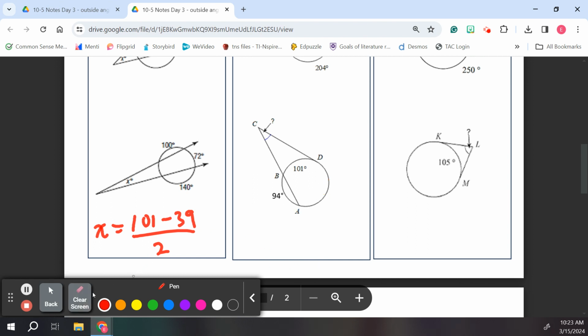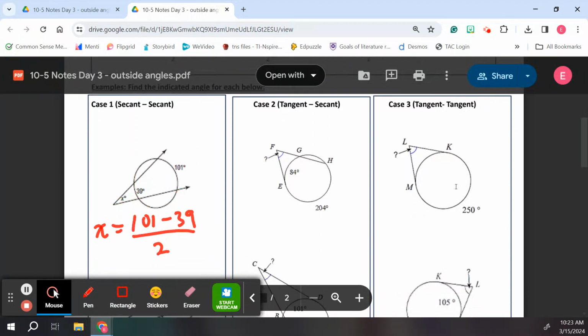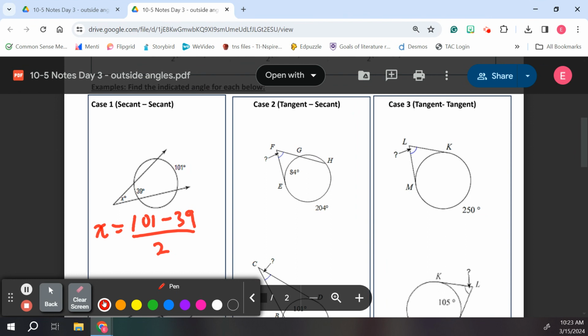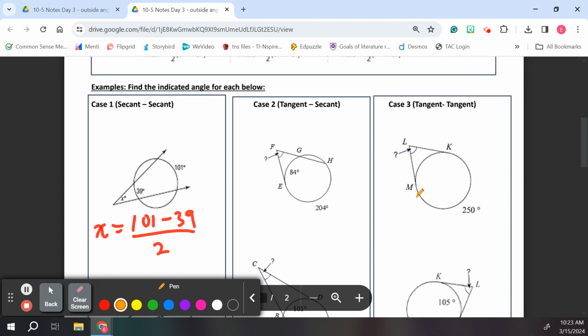Okay. Let's take a look at this right here. All right, so tangent. We have this large arc, but we don't have the small arc. So our first step is to take 360 minus 250, and that's going to give us this. So someone tell me, what is that? What's 360 minus 250? 110.